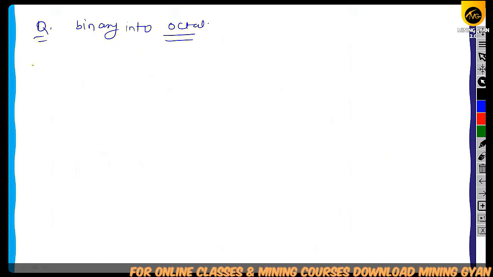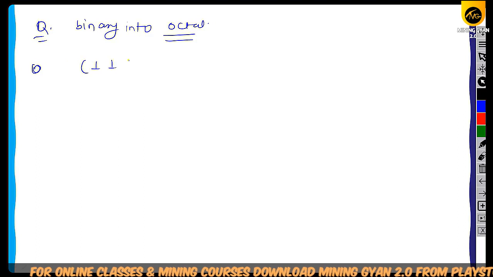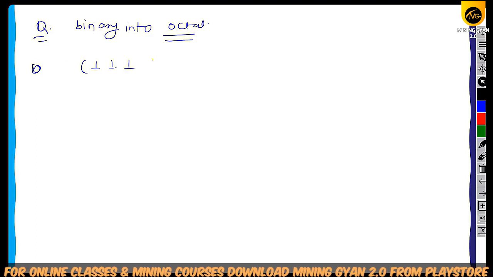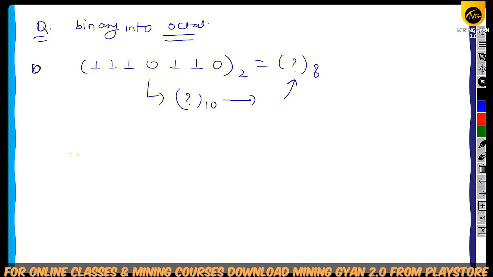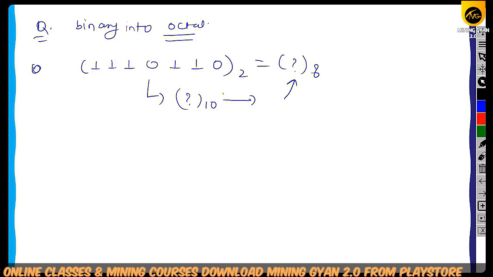Suppose the number is 1110110. This is in the form of the binary system, and you have to convert it into an octal number. So firstly you have to convert it into a decimal number, then you can convert it into an octal number.